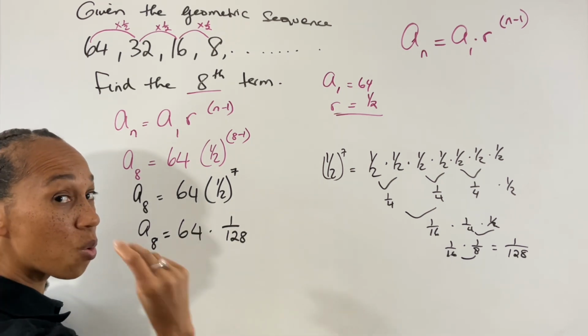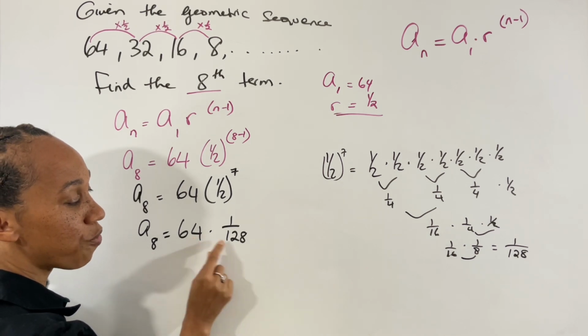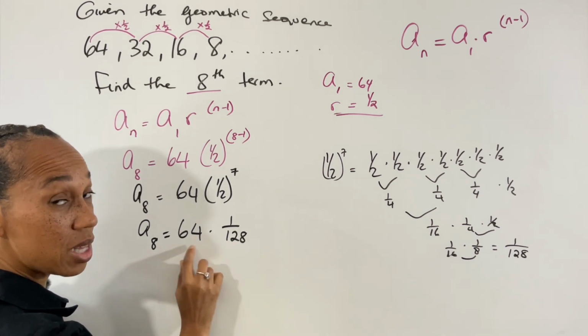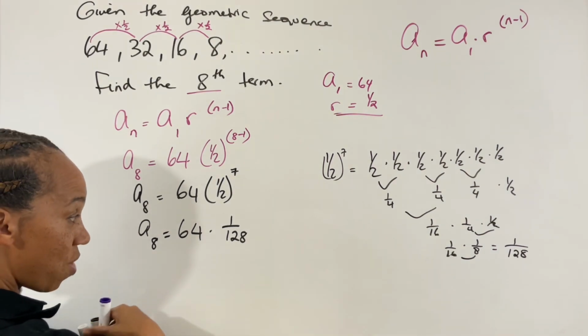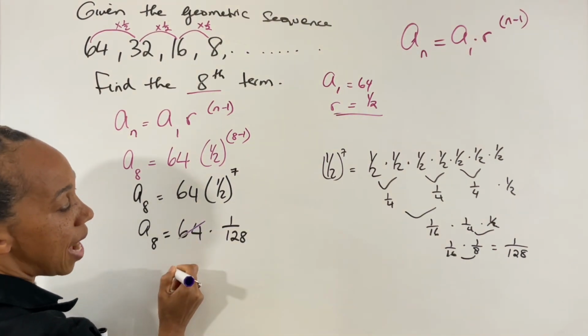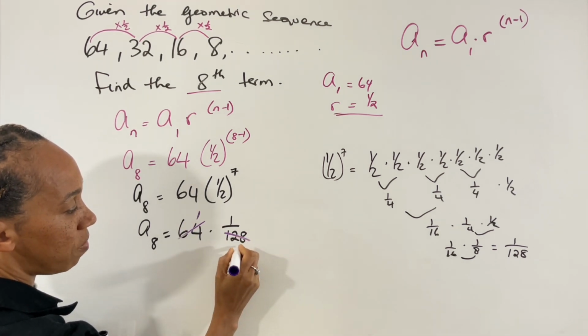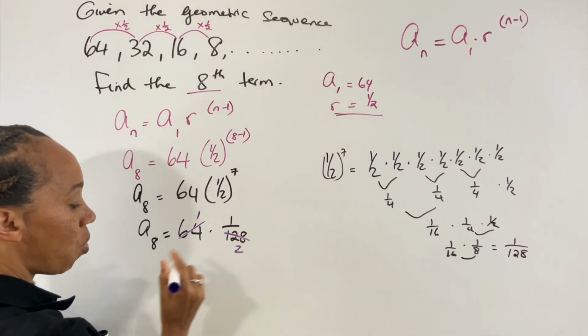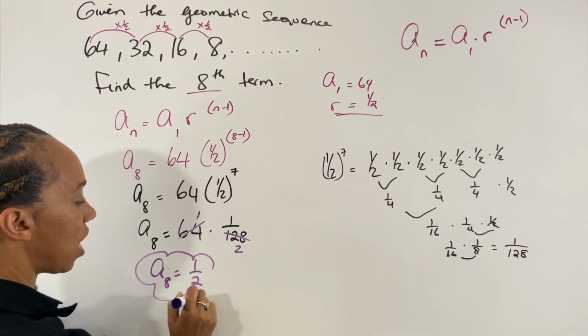But if you are quick and versed in math, you can realize that the difference between 64 and 128 is that these two numbers are double. So 64 into 64 is 1, and this is going to be twice. Okay, so a sub 8 is equal to a half, and you box your answer.